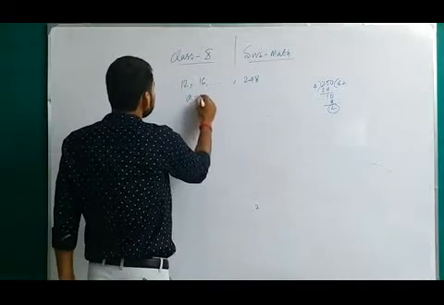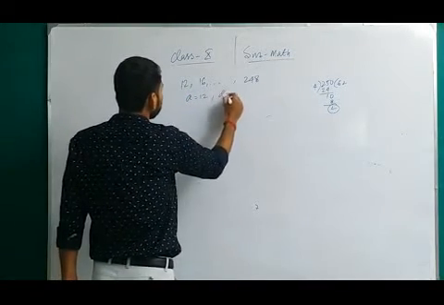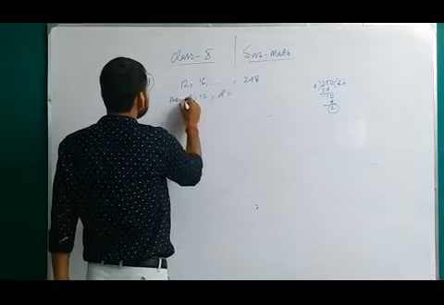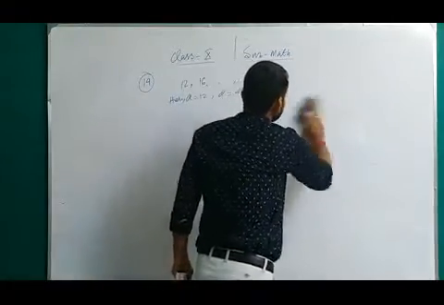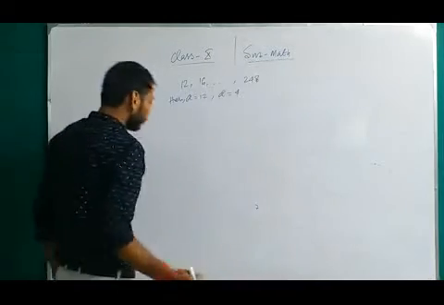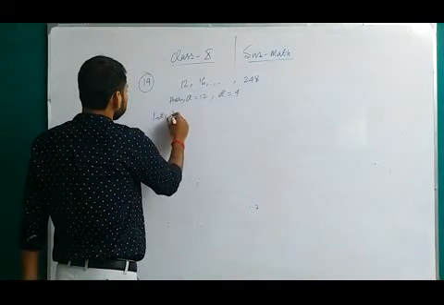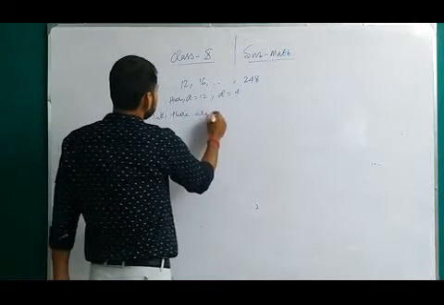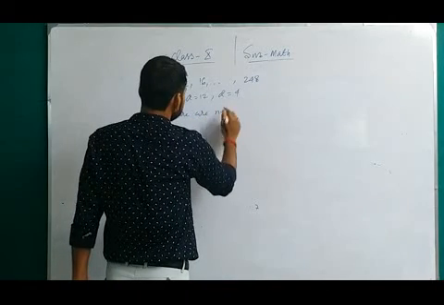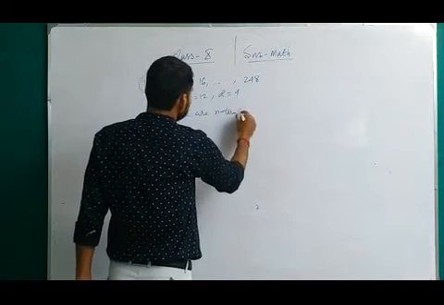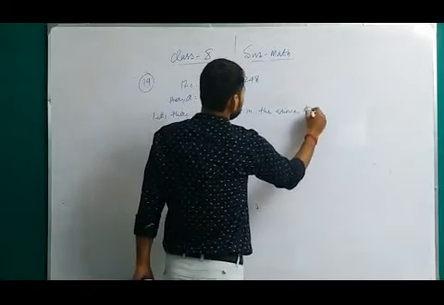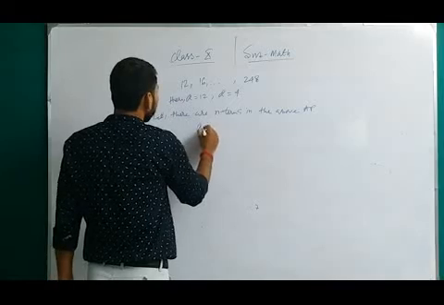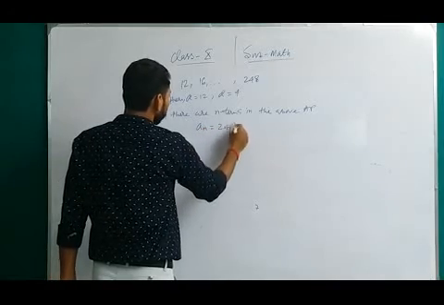That means here a equals 12 and d equals 4. So again we'll consider, let there be n terms in the above AP. Therefore, an equals 248.